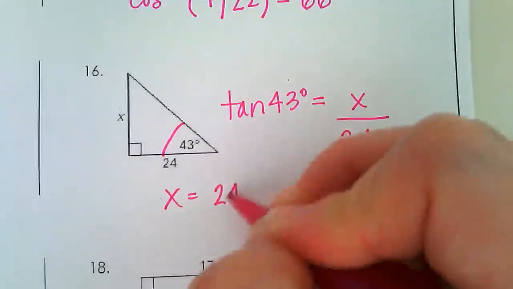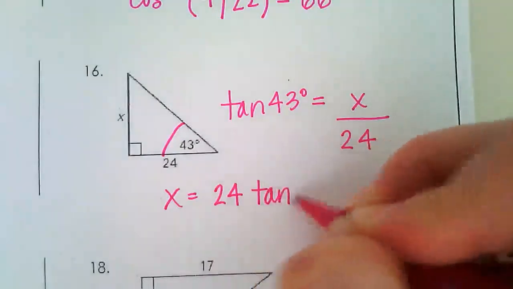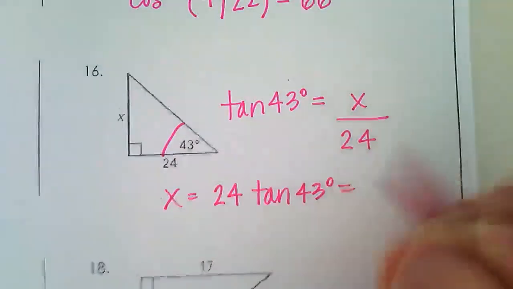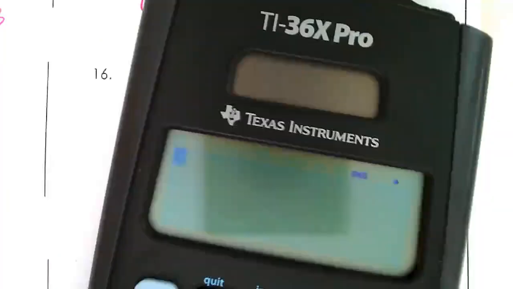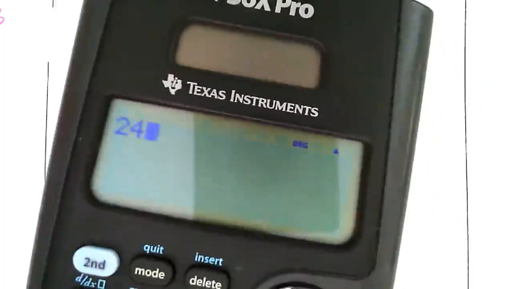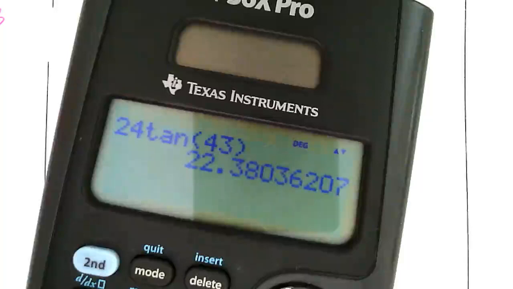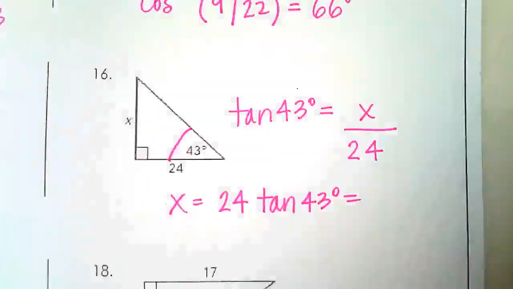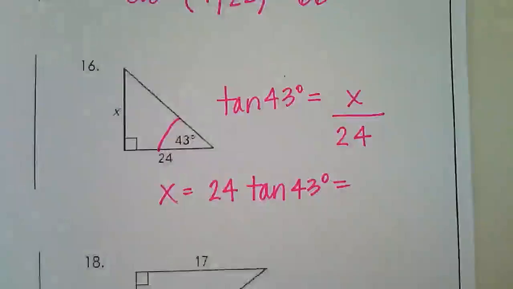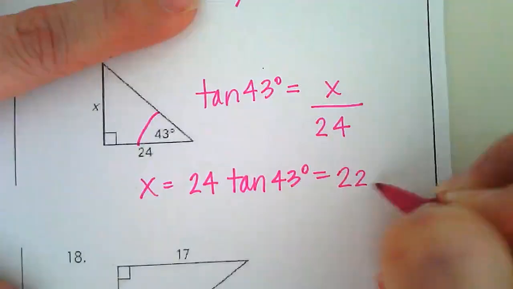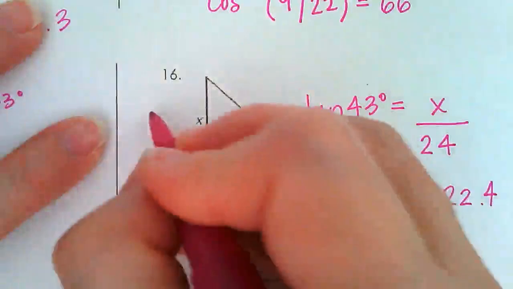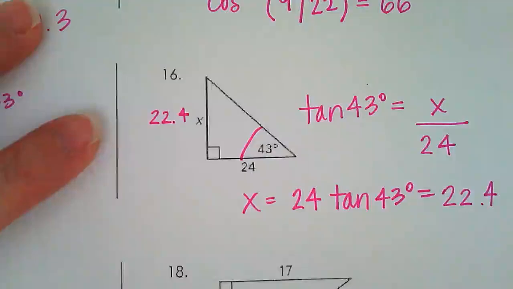So what we're going to put in the calculator is 24 times tangent of 43. Looks like 22.4, because we're looking for a side. So 22.4. There we go. All right, we're almost done.